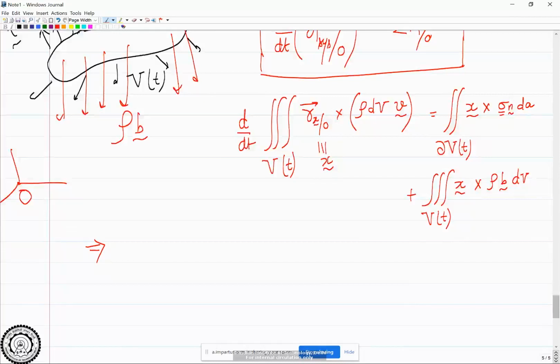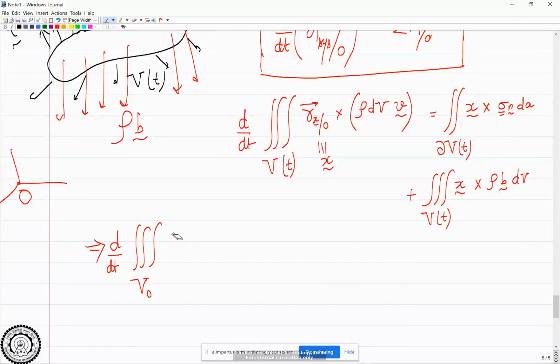So the first thing, of course, is to convert them into Lagrangian form. So it is d by dt integral over V naught, and then you get x. See, small x, you can't change small x to capital X. You should be careful.